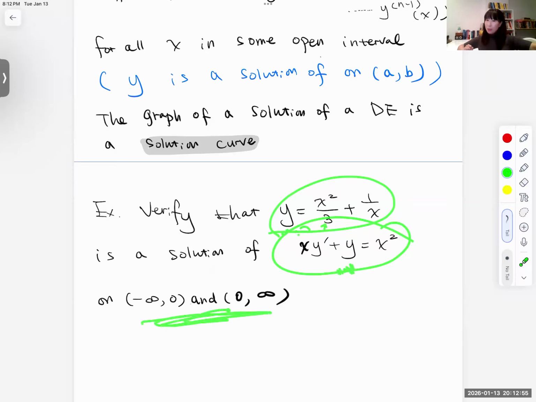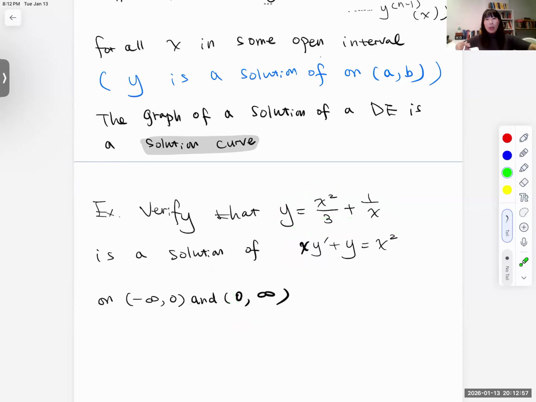How do you do it? Basically, we have the equation, and the name is y. So we plug this y into here. But then we have a y prime there, and we don't know what x is, so we leave x there.